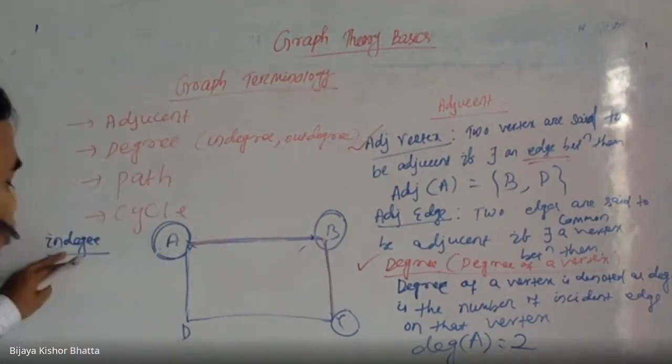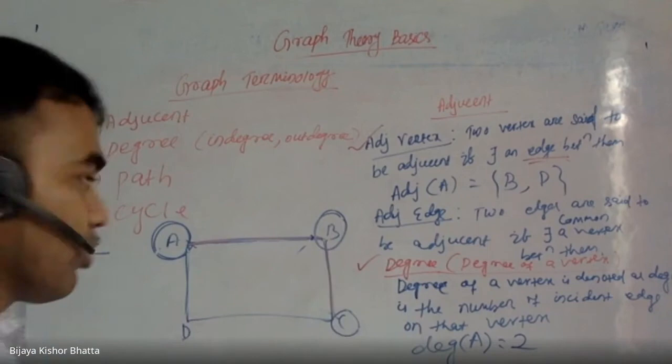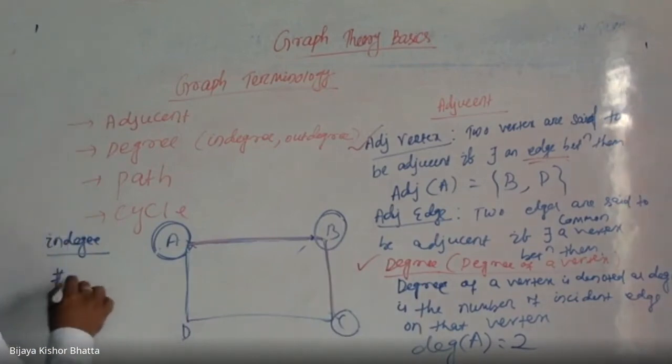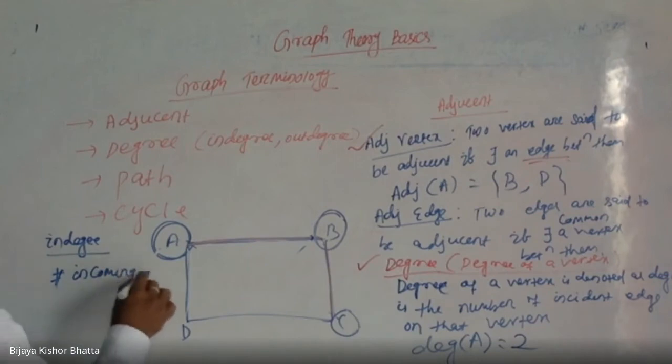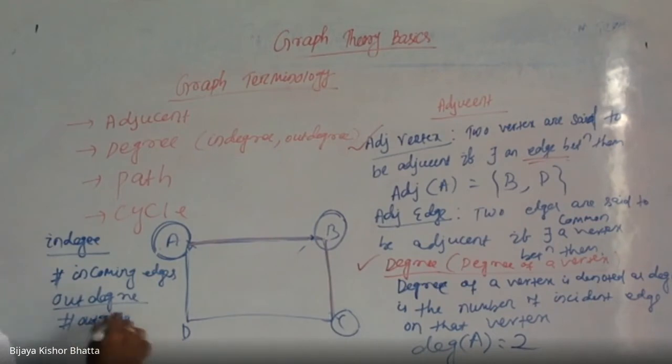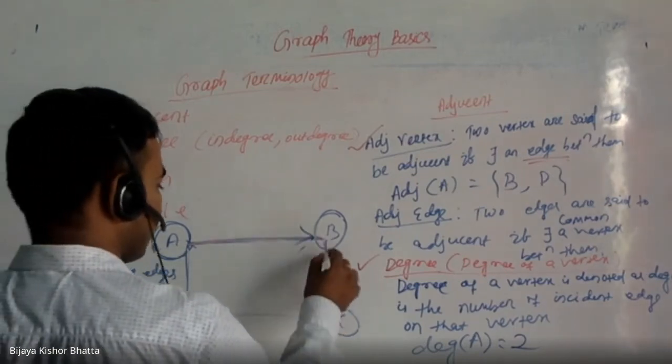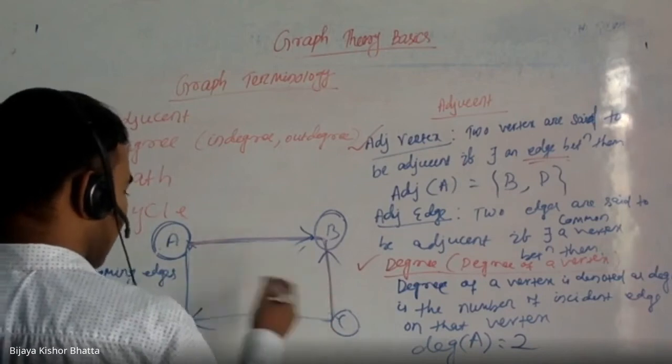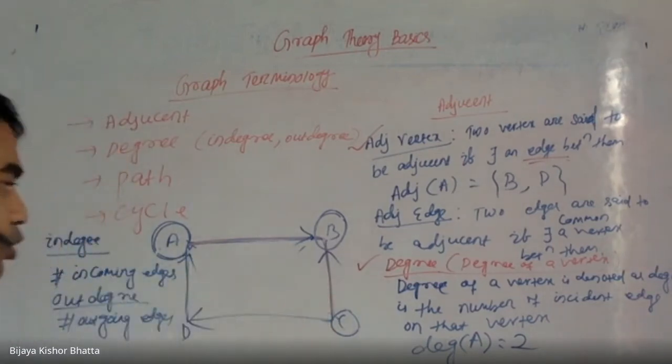In degree is the number of incoming edges, and out degree is the number of outgoing edges. That will be the difference. Let me convert this one into a directed graph by putting some arbitrary directions.